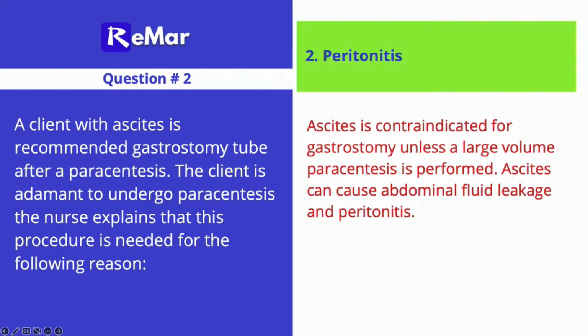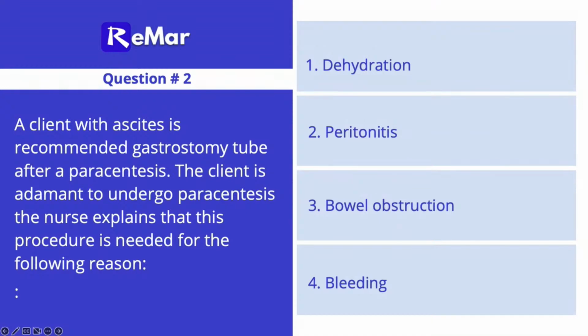So the nurse explains that this procedure is needed for the following reason. Why would the patient need a paracentesis? Are you following me now? The patient needs the paracentesis not because of dehydration, not because of a bowel obstruction, and not because of bleeding. You don't see those things. The patient needs the paracentesis so they don't have peritonitis.